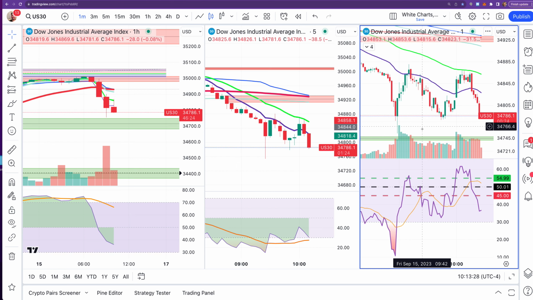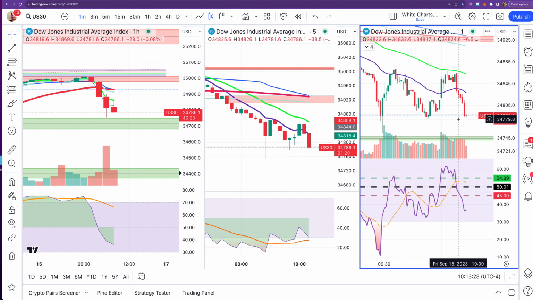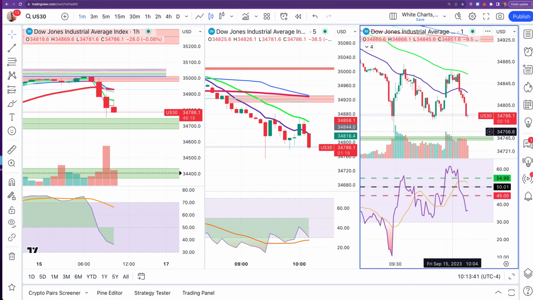So I'm looking for nesting to happen. And by the way, we might have another trade setting up here, but I'm not going to take it because I'm done for the day.